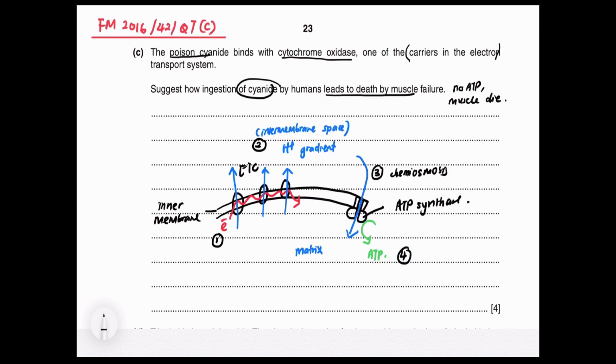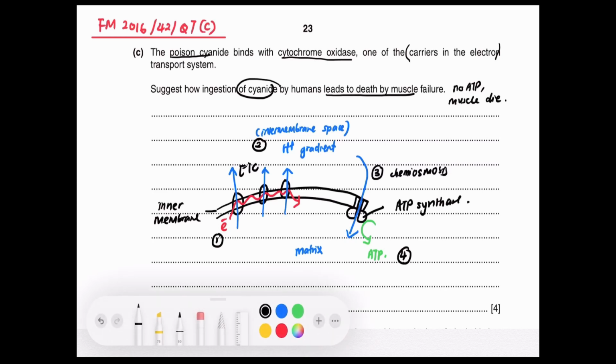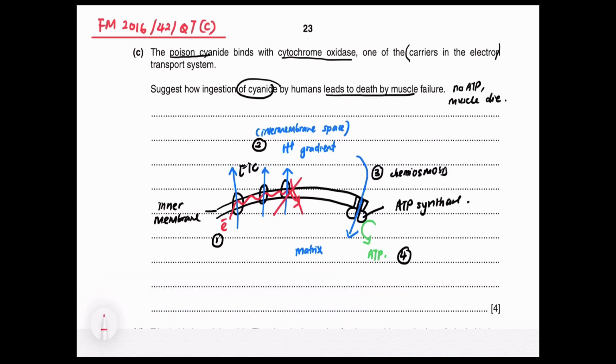Now, if the cyanide inhibits the ETC, then this doesn't happen. Step 1 cannot occur. Step 2, proton gradient cannot be created.